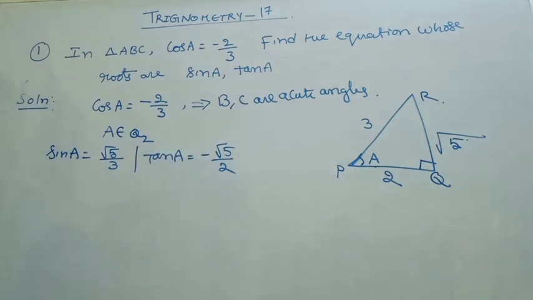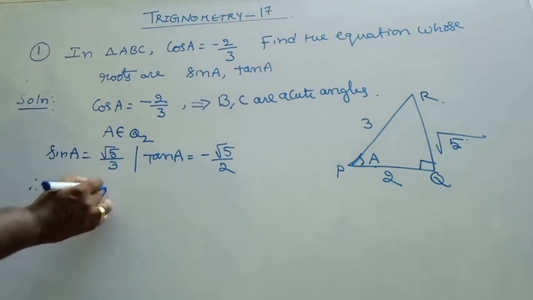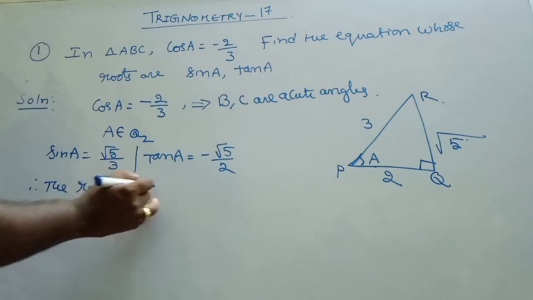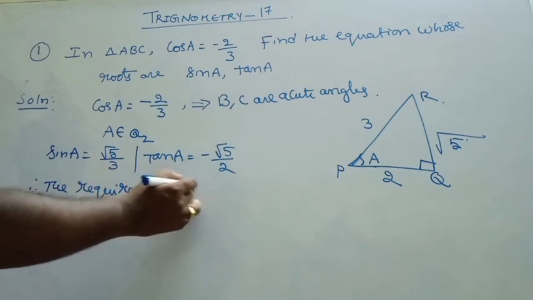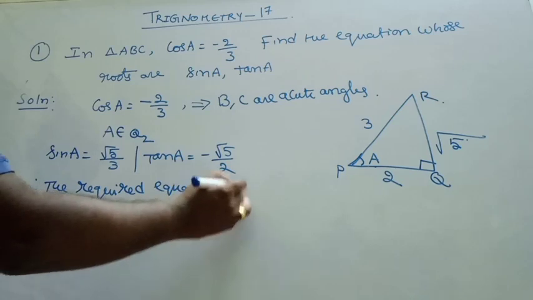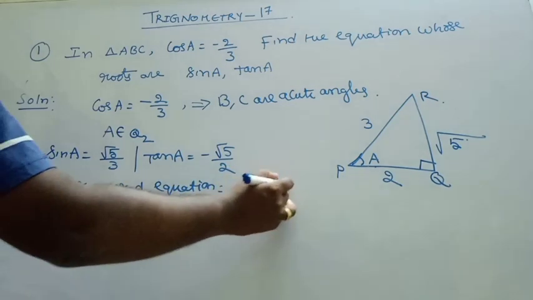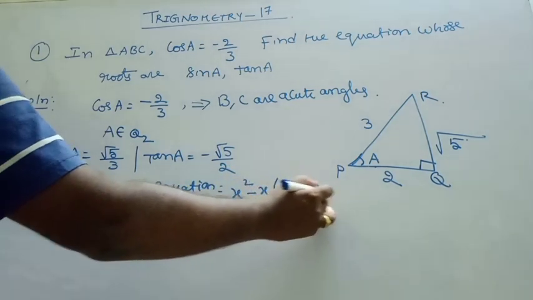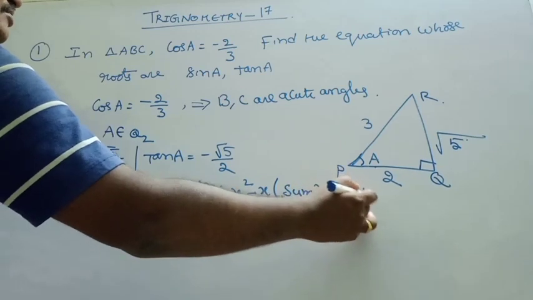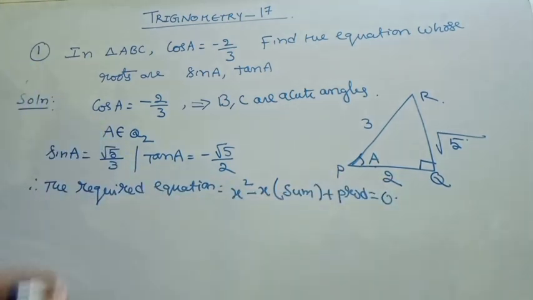Now the required equation, once you know the roots, is nothing but x squared minus x into the sum of the roots plus the product of the roots equals 0. You did this already in quadratics, and from that you will get this.